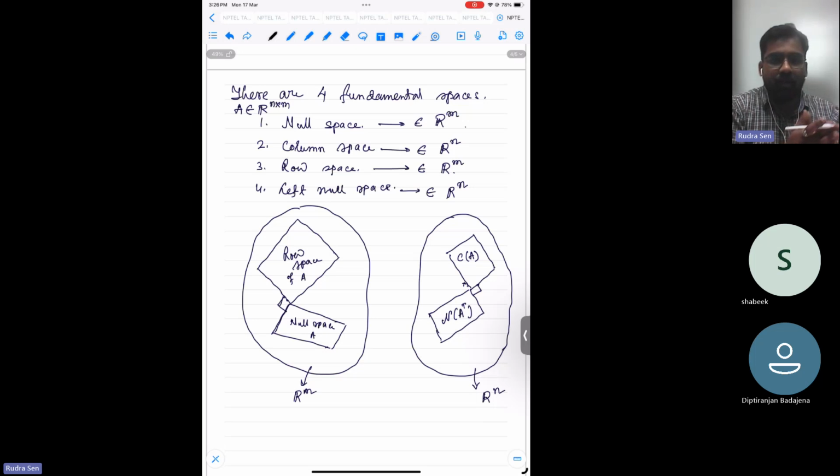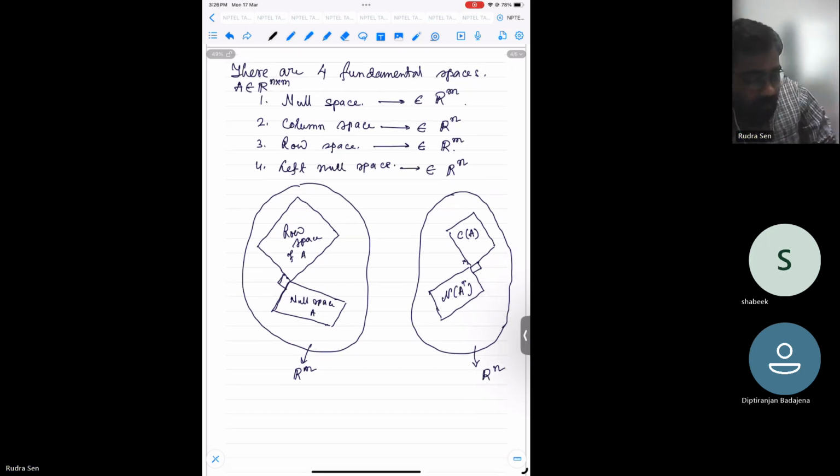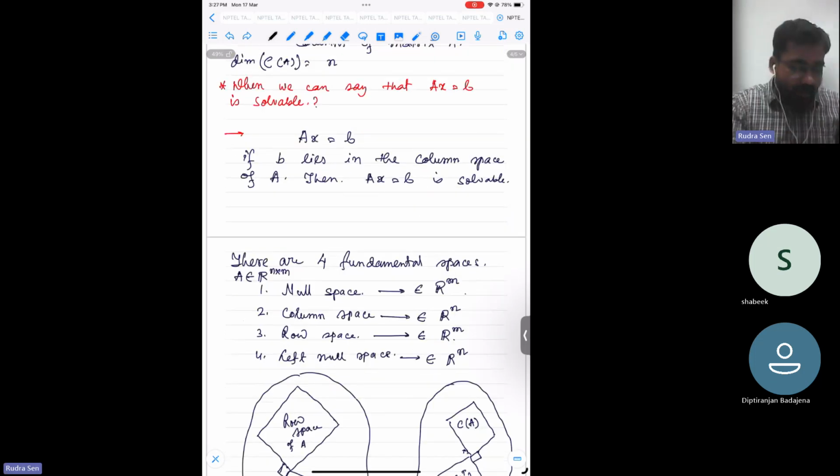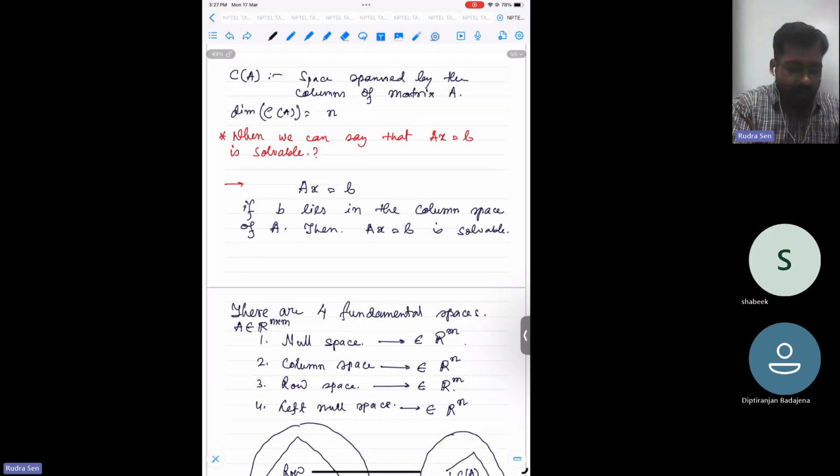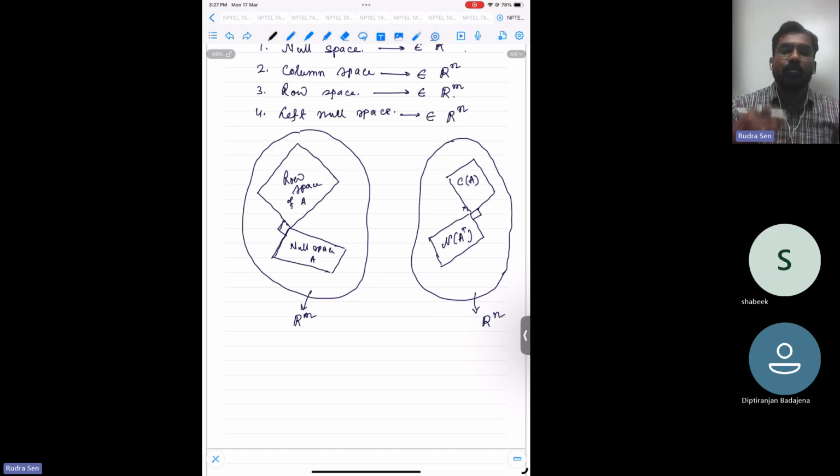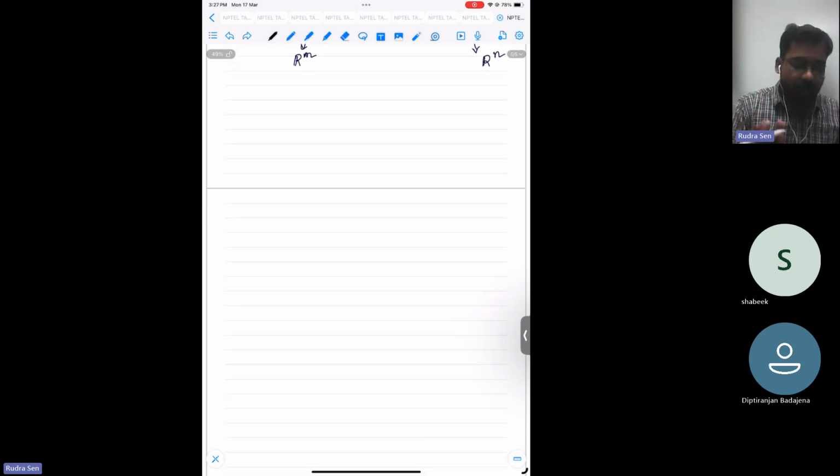So row space is perpendicular to the null space, and the column space is perpendicular to the left null space. Definitely, if b lies in the column space of A, then we can say the system is solvable. Now, it is not always the case. If we do the row echelon form, we may get 0 equals some non-zero number.